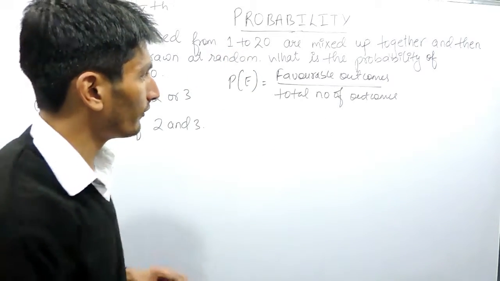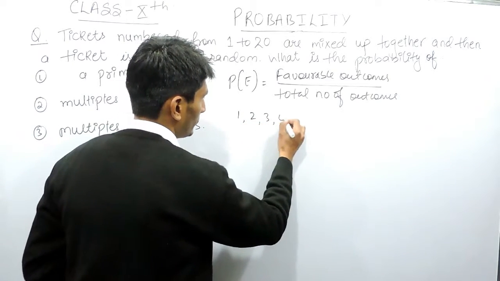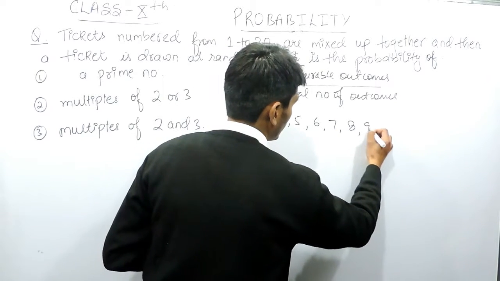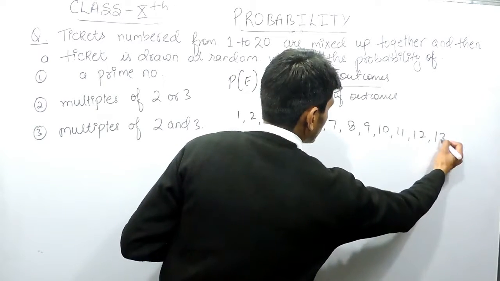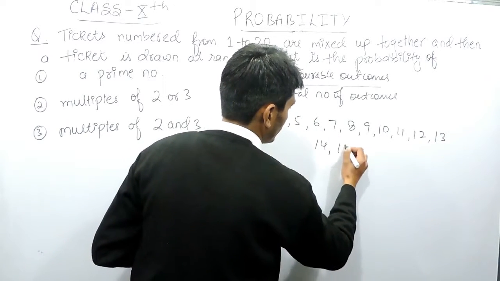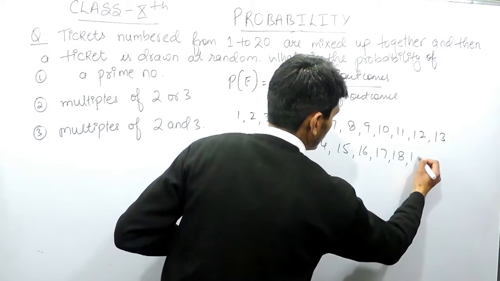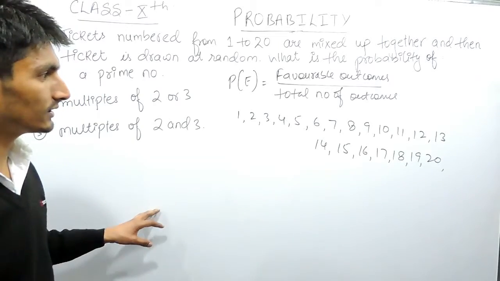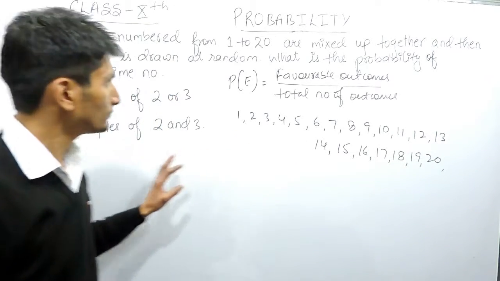So the total number of outcomes will be 1, 2, 3, 4, 5, 6, 7, 8, 9, 10, 11, 12, 13, 14, 15, 16, 17, 18, 19 and 20. So these are the total number of outcomes here.